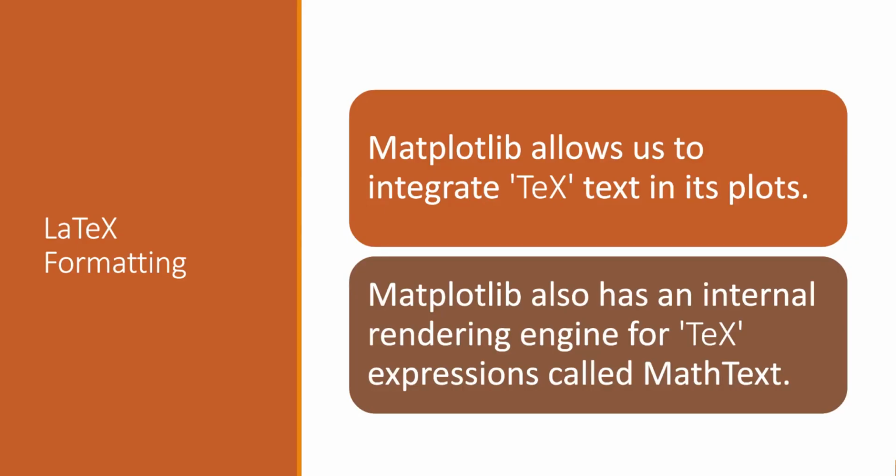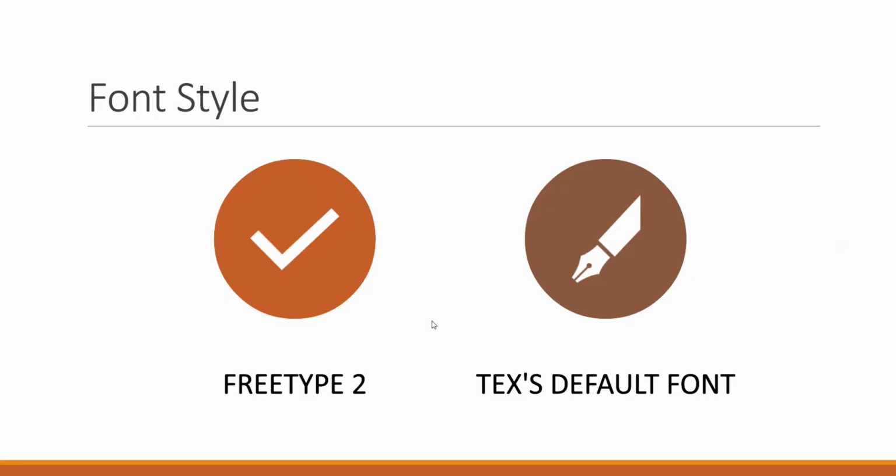Matplotlib allows us to integrate text in its plots, and it also has an internal rendering engine for text expressions called MathText. So there is no need to install anything, because Matplotlib comes with everything it needs to make MathText operate. Now we'll discuss the font style of the MathText.